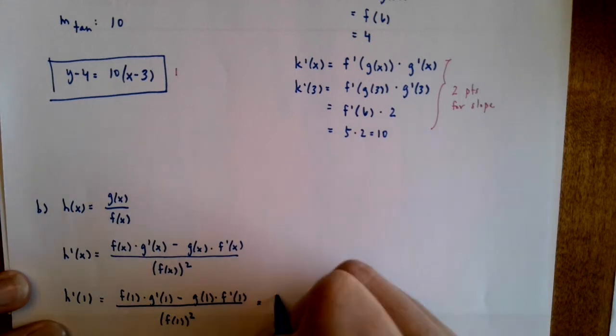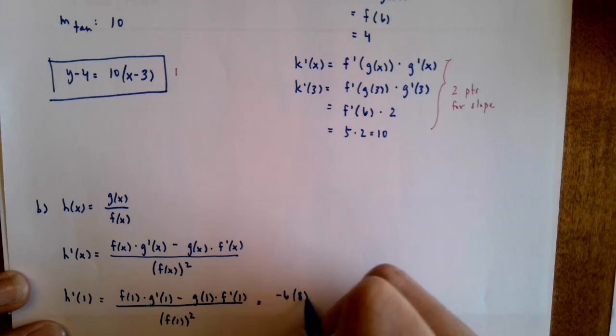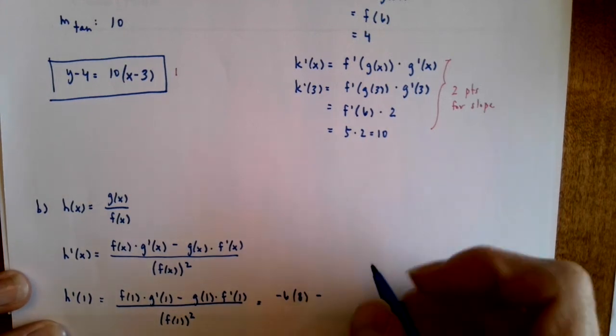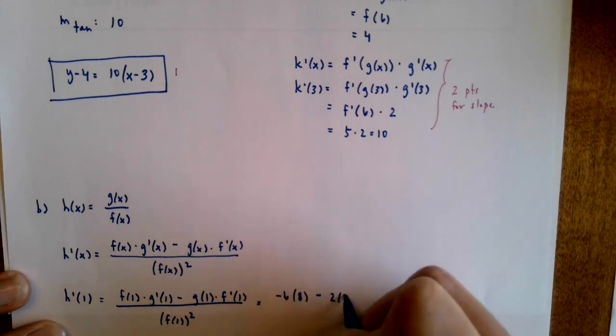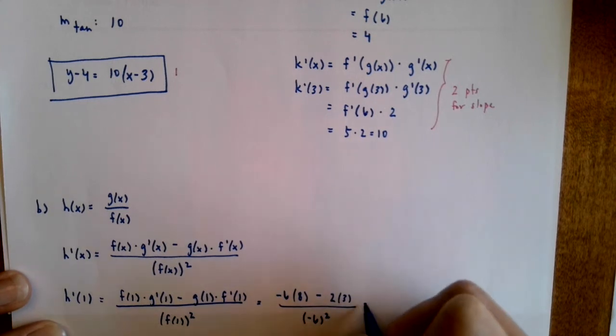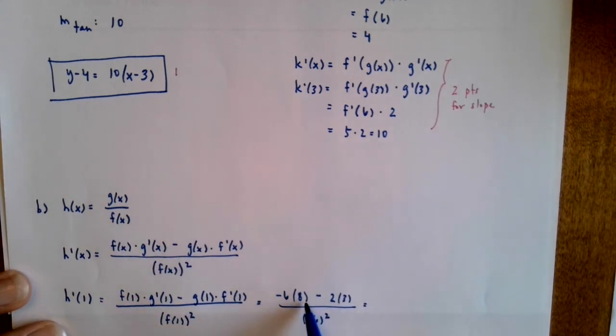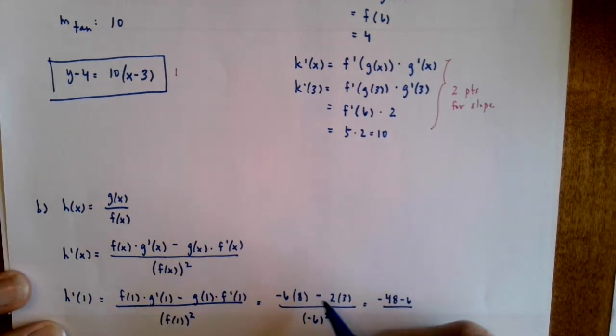So f of 1 is negative 6, g prime of 1 is 8, g of 1 is 2, and f prime of 1 is 3, all over f of 1, which is negative 6, squared. So we're going to have negative 48 minus 6, all over negative 6 squared, which is 36.